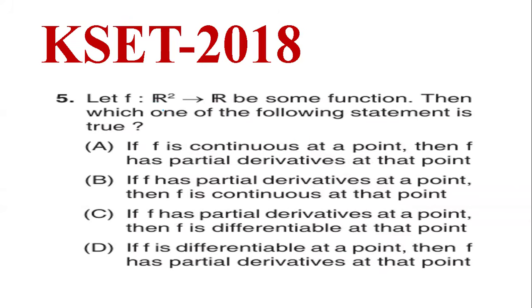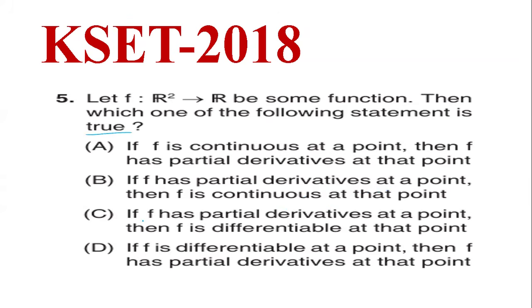The question is: let f from R squared to R be some function, then which one of the following statements is true? They are asking for a true statement. First option: if f is continuous at a point, then f has partial derivatives at that point. Second option: if f has partial derivatives at a point, then f is continuous at that point.